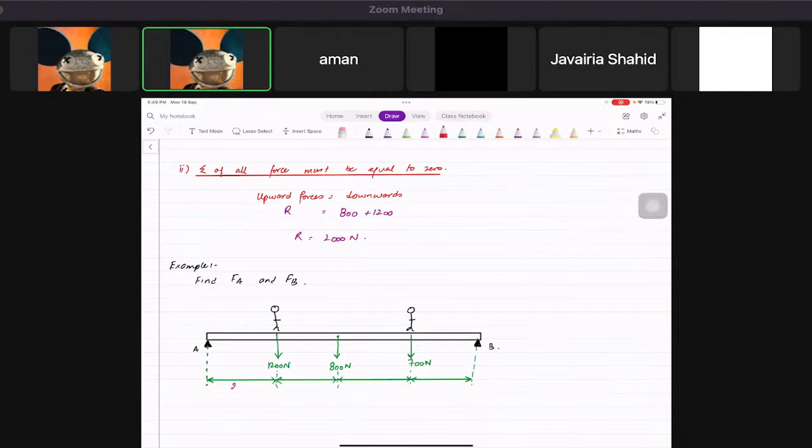So that's 2 meter, 2 meter, 2 meter, and 2 meter. What they want us to find is that there is a reaction force FP and there is a reaction force FA. So these two forces they want us to find. Okay, is it clear?